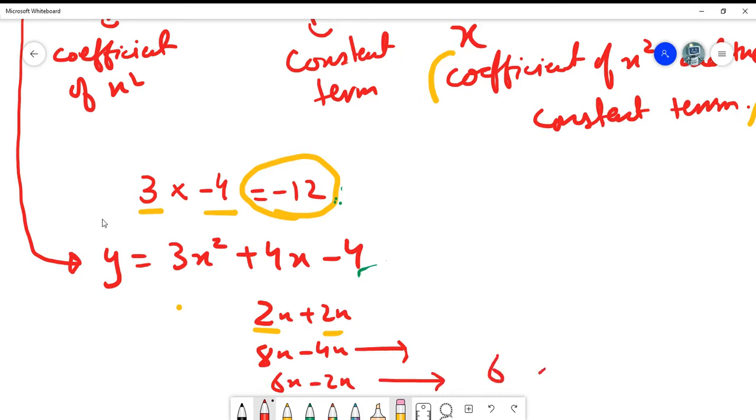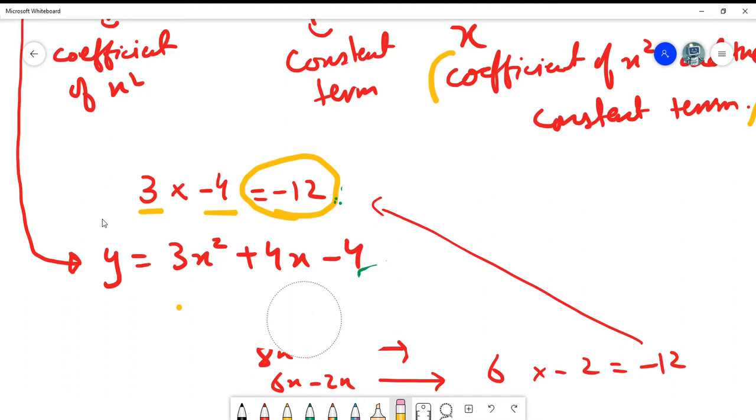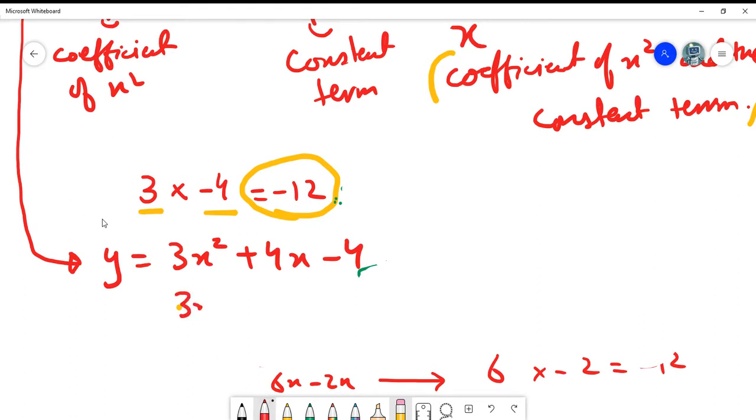So 6 times -2 will indeed give us -12. And this is the right combination we're looking for. Therefore, I will now break down 4x into 6x minus 2x. So 3x square plus 6x minus 2x minus 4 is what I'm left with now.